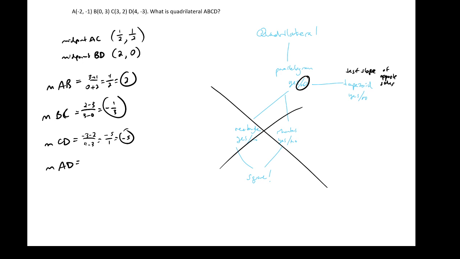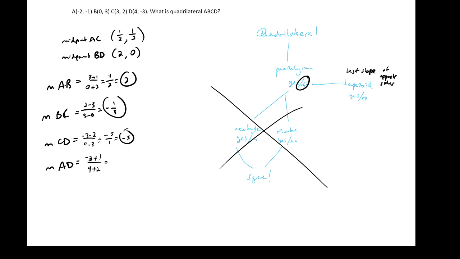So BC is going to have to be the same as AD if this is going to work. Ready? So it's going to be AD -3 minus 1, right? Over 4 minus 2. Oops, I made a mistake here. AB, 3 minus 1 is 4, 0 minus 2. No. Write this down correctly.